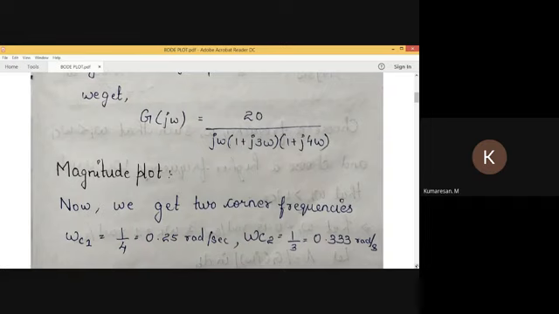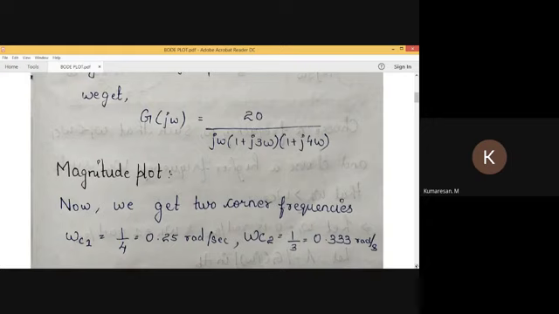You have to put 3 into J omega, or J omega into 3. So this is the transfer function after we change into the sinusoidal function, the sinusoidal transfer function from the given open loop system.